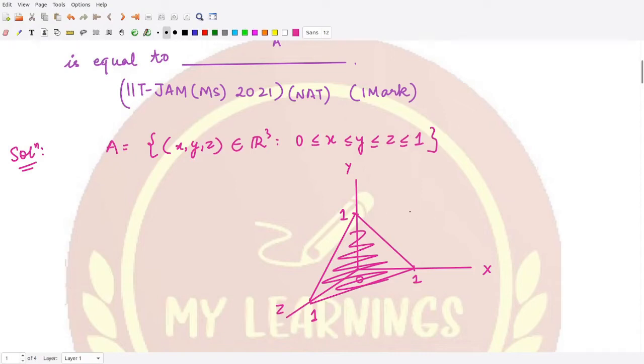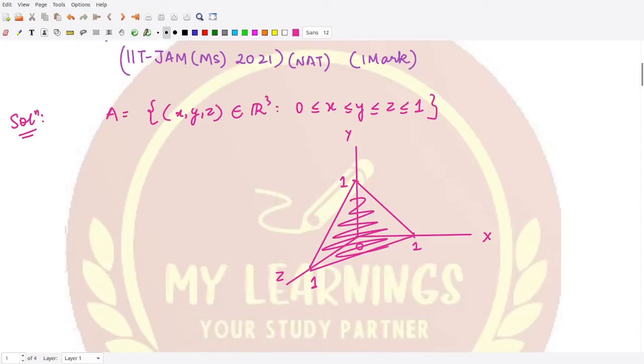So here we have a simple trick. We are to determine this triple integration over this given region A, the triple integration of xyz dx dy dz.